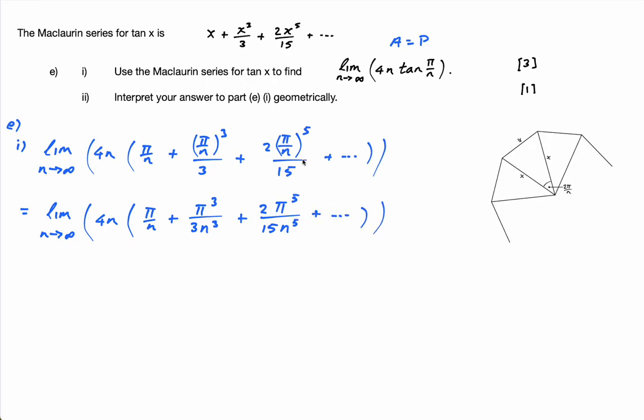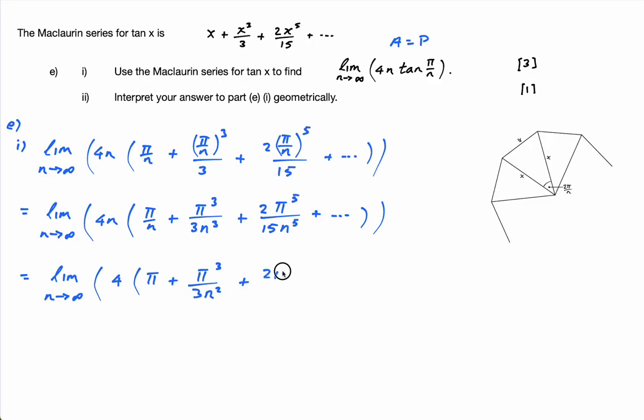And the reason we don't need any more terms is because we'll see here, as I divide by this n, this is the limit as n approaches infinity. As I divide by n, I get 4 into pi plus pi cubed over 3n squared, because I'm dividing by one of these n's.